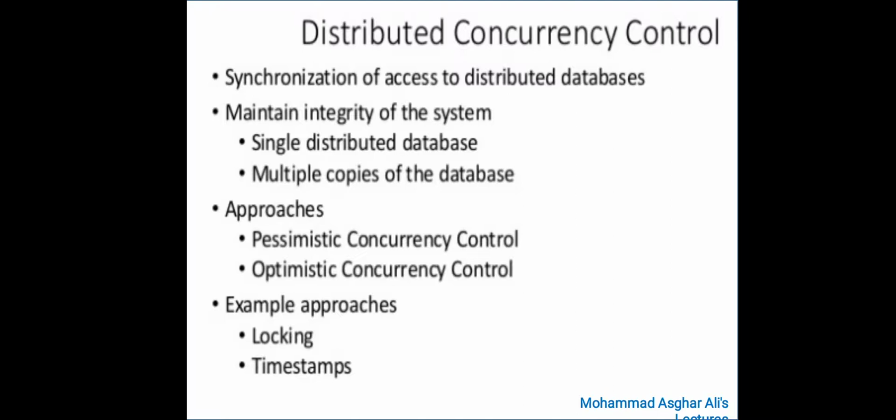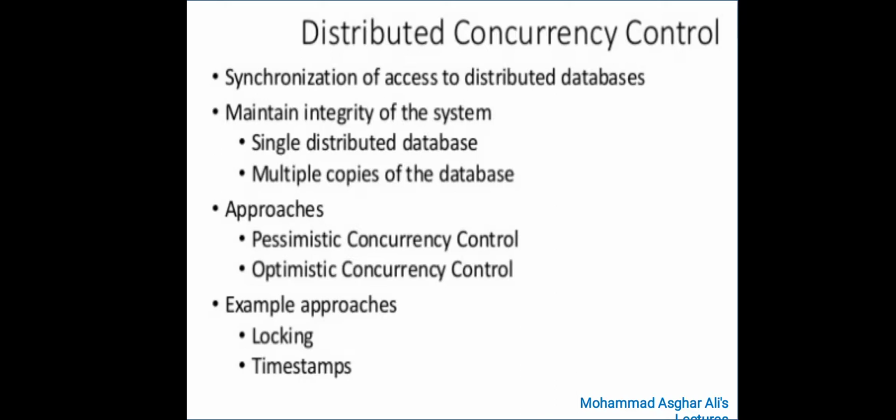The condition that requires all the values of multiple copies of every data item to converge to the same value is called mutual consistency. Now, the two general classes are pessimistic concurrency control, which synchronizes the execution of user requests before the execution starts, and the second one, optimistic concurrency control, which executes the request and then checks if the execution compromised the consistency of the database.